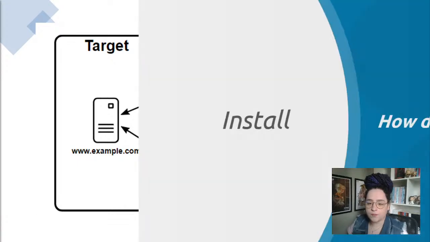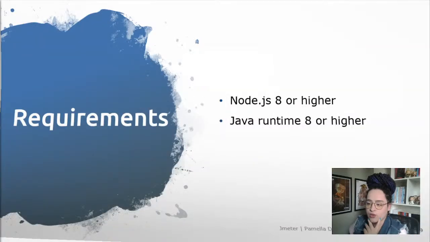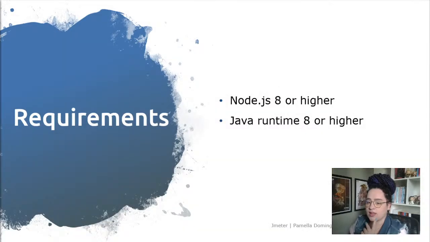Moving to how to install this tool, it is basic, but we have some requirements to meet before downloading JMeter. Okay, we need to have Node.js version 8 or higher. And talking about the Java runtime, we need to have version 8 or higher.